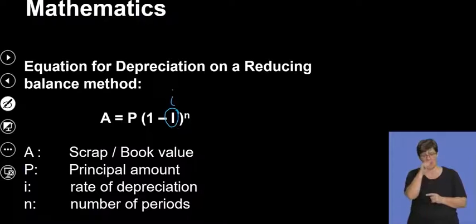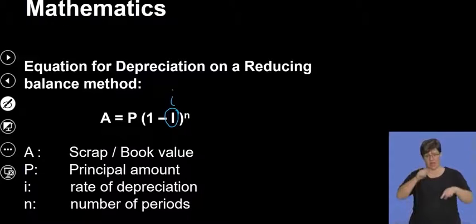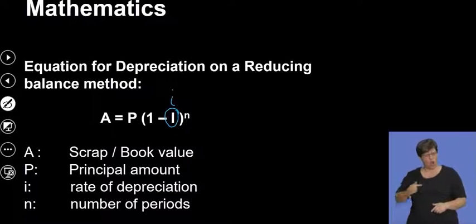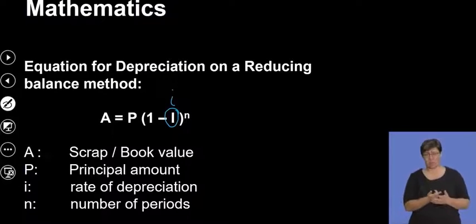And then our A is the scrap value or the book value, or what it is worth after a certain period of time. And then P is the principal amount, i is the rate of depreciation, and lastly n is the number of periods. So how long has this particular asset been with you that you are trying to sell?